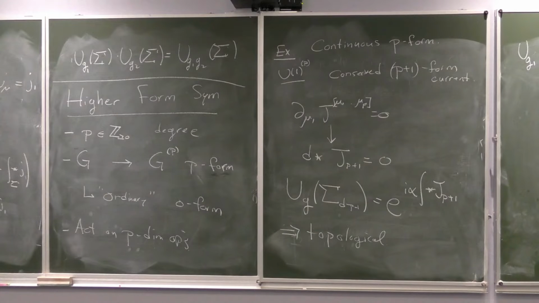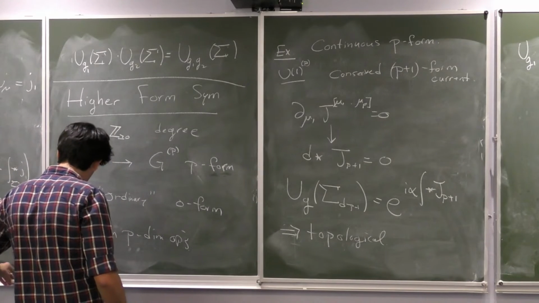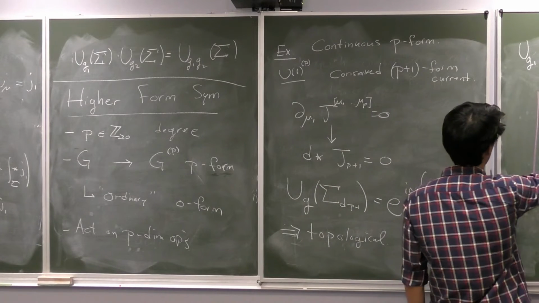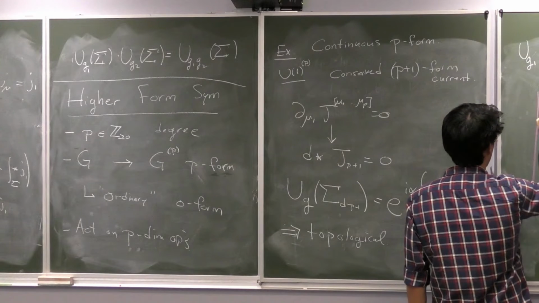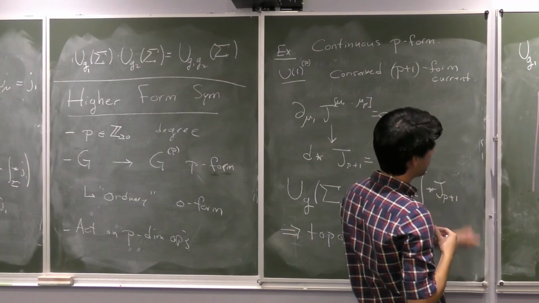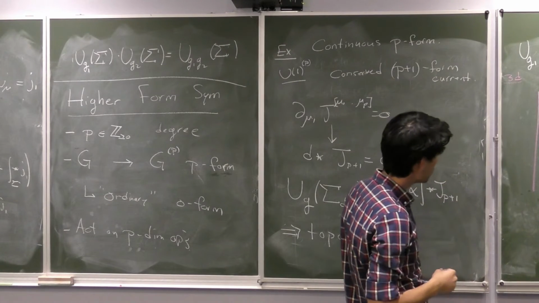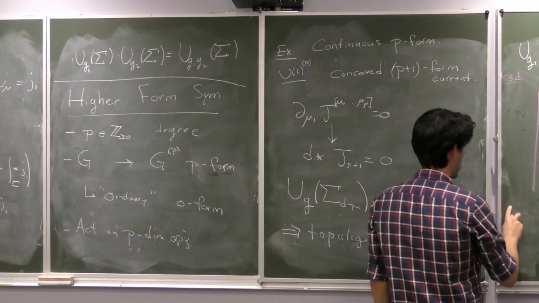So this is good. And now the only thing we need to talk about is how this acts on the charged operator. So here we can imagine we have some p-dimensional operator. Let's call it L sub p, maybe just L. Here I'm going to draw in 3 dimensions, and you can think of this as a one-form symmetry.